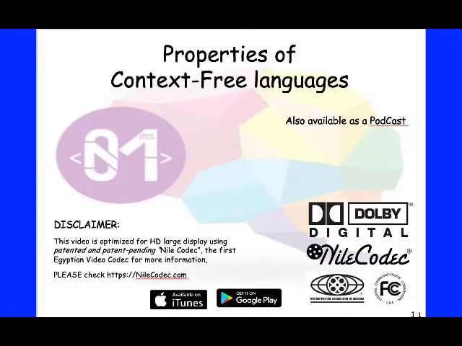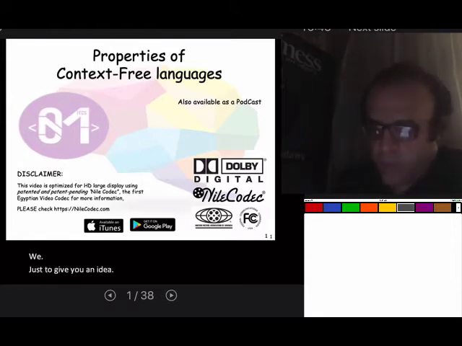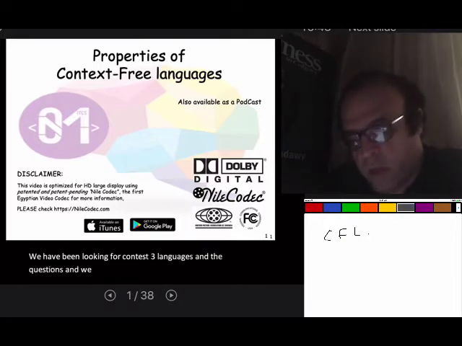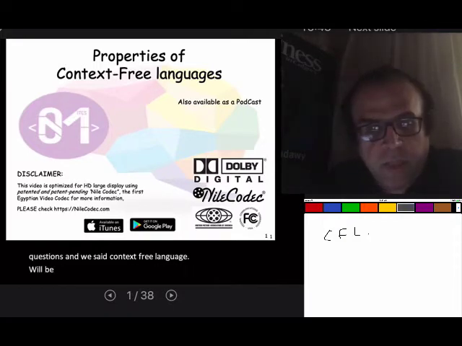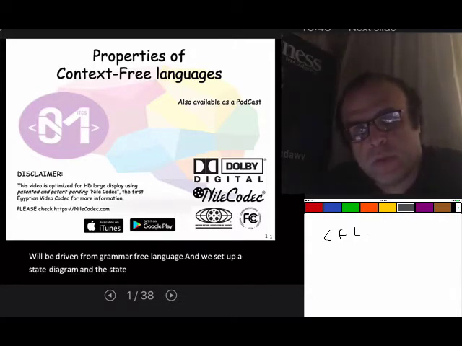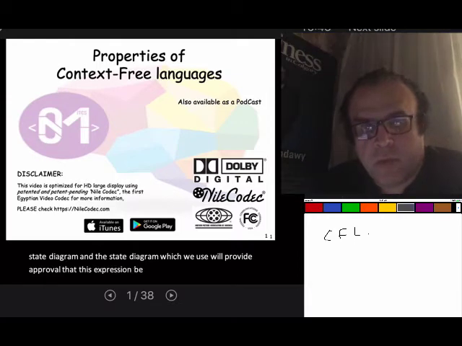Properties of context-free languages. Just to give you an idea, we have been looking for context-free languages, and we said a context-free language will be derived from a context-free grammar, and we set up a state diagram, which will provide proof of whether an expression belongs to a context-free language or not.